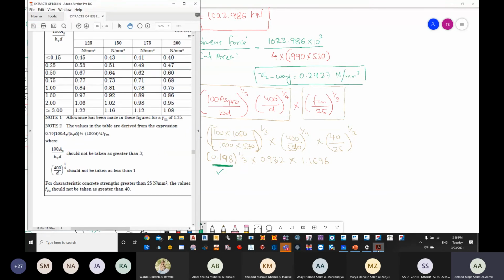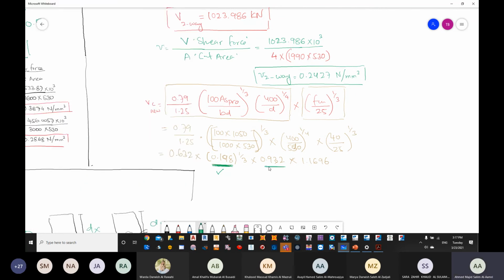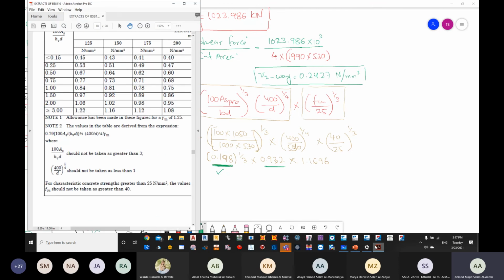Now what about 400 divided by D to the power of 1/4? See, the first one is without the power, the second one is with the power. So 400 divided by D, to the power of 1/4, should not be taken as lesser than 1. Now, do we have this value lesser than 1? Is it possible to be taken as lesser than 1?